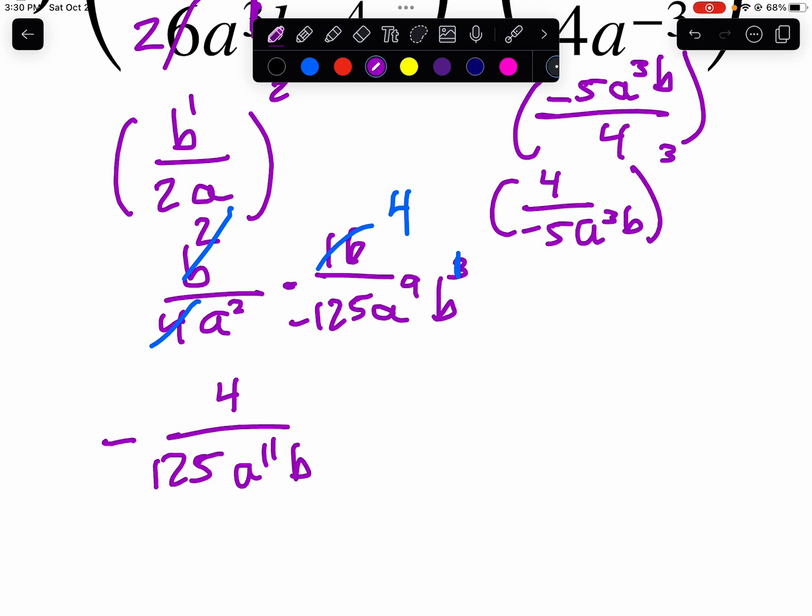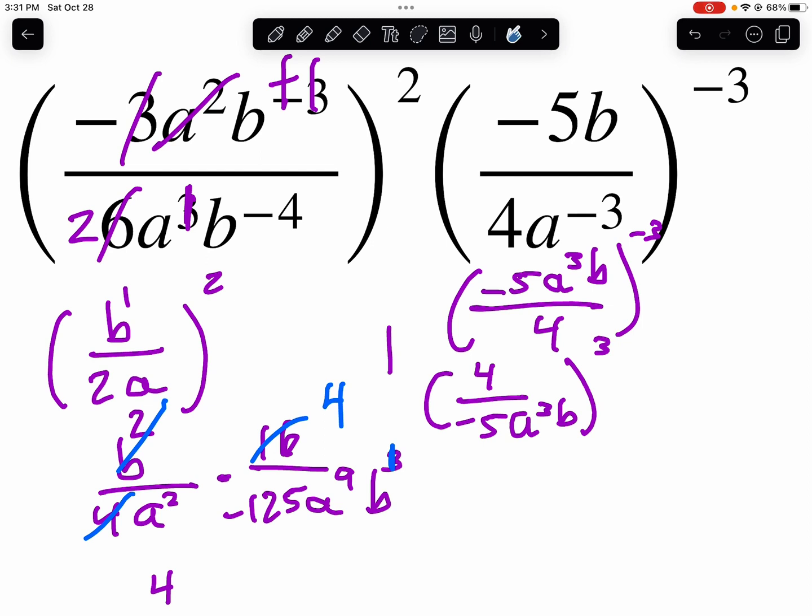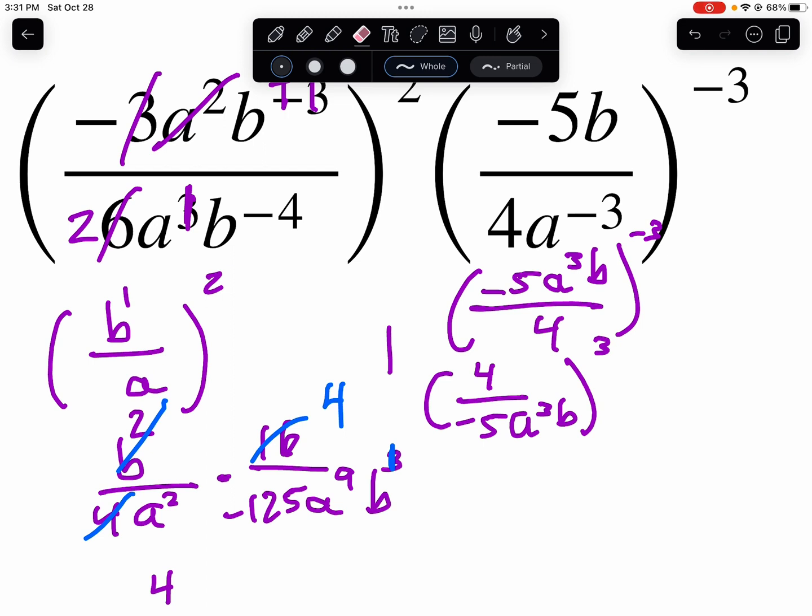And we got b. So you got negative 4 over 125, and something is telling me I made a mistake here. Where did I make the mistake? No, I didn't. That was right. 2 squared is 4.